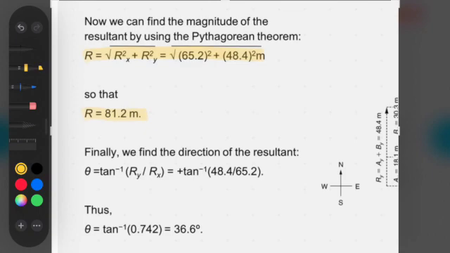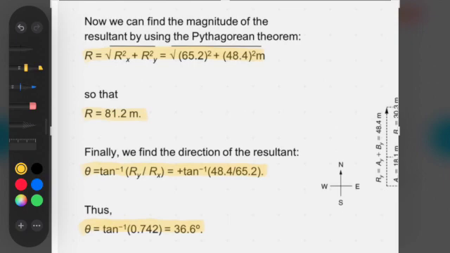And then for the direction part, we would use inverse tangent of Ry over Rx, which is the inverse tangent of 48.4 over 65.2. They give us the decimal, but that really doesn't matter that much. Theta is 36.6 degrees.